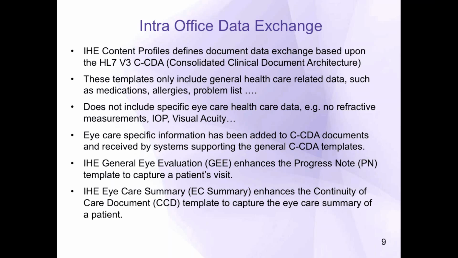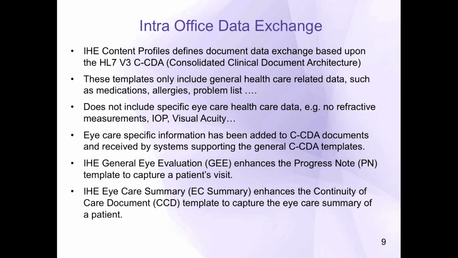The difficulty for eye care is that these government-defined templates only use general healthcare related data. They define things like medications, allergies, and problems, but nothing specific for specialties such as eye care. We don't have refractive measurements, IOP, or visual acuity. That's a problem for our users.